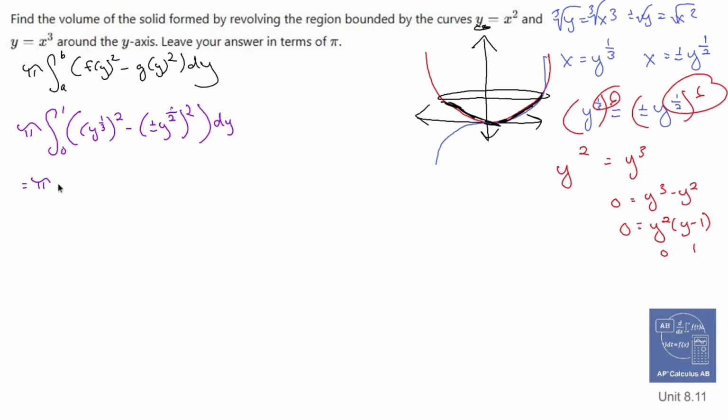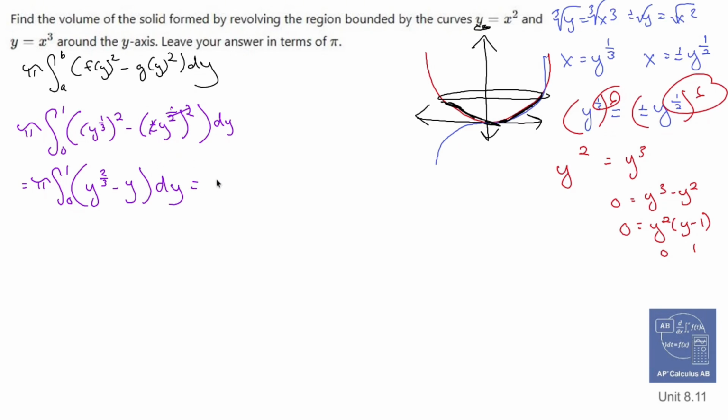You become pi times the integral from 0 to 1 of y to the 2/3 minus, you essentially cancel out and so do you, just y dy.